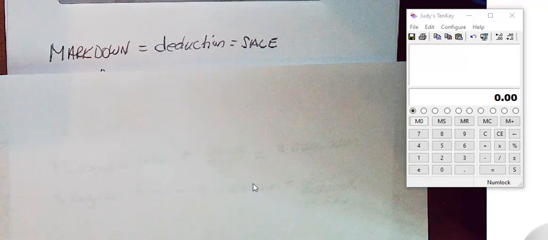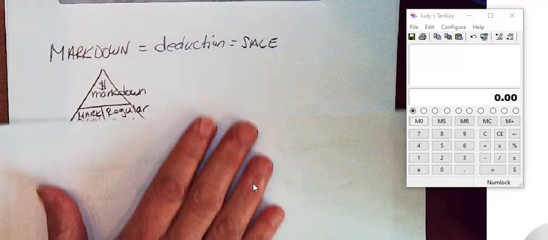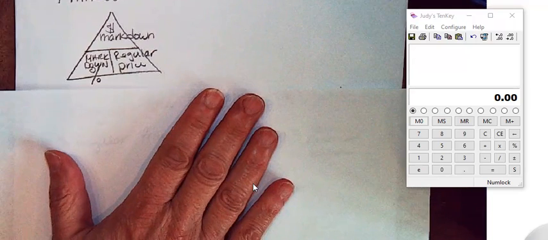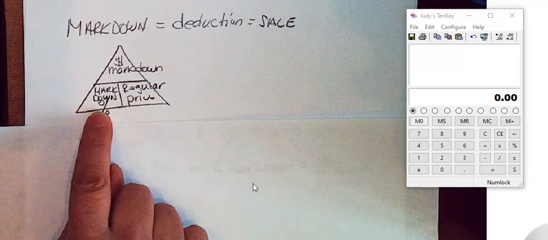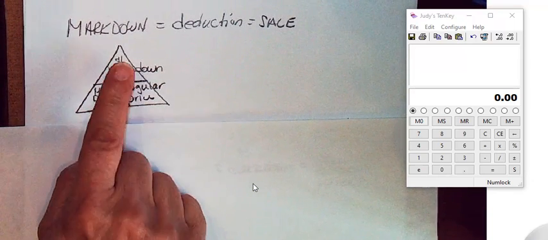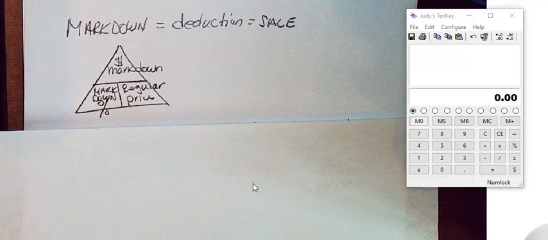Markdown is a deduction from the regular selling price, and they are figured as a percentage of the regular price. So my regular price times my markdown rate is going to give me my dollar markdown.